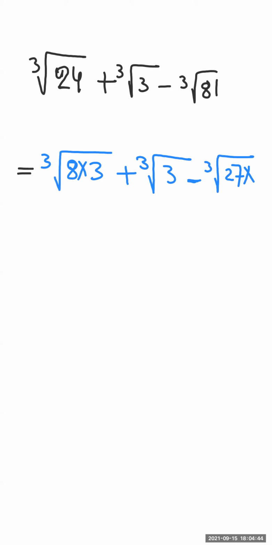It's 9 times 9, but what is the benefit if it's 9 times 9? Nothing. Neither of them has a cubic root. So it's 27 times 3.